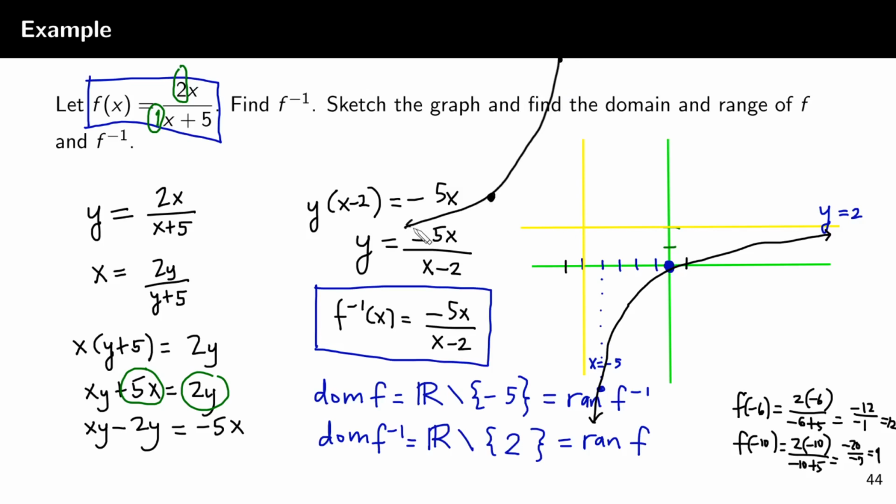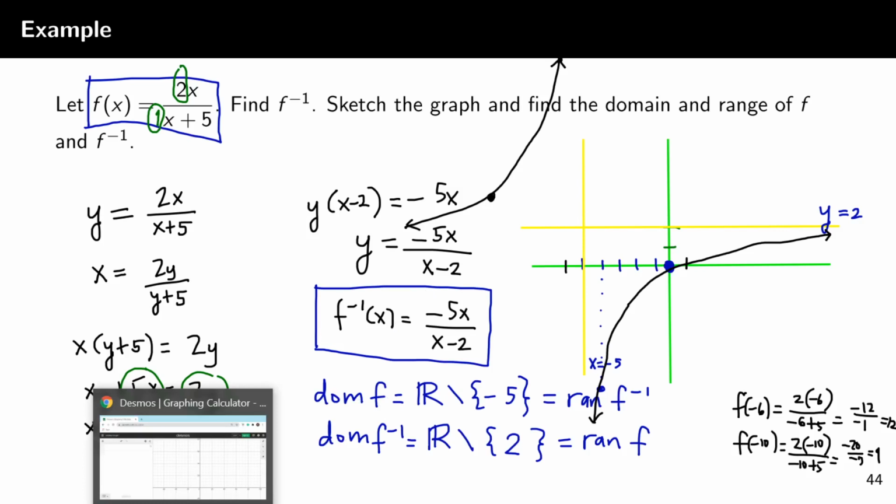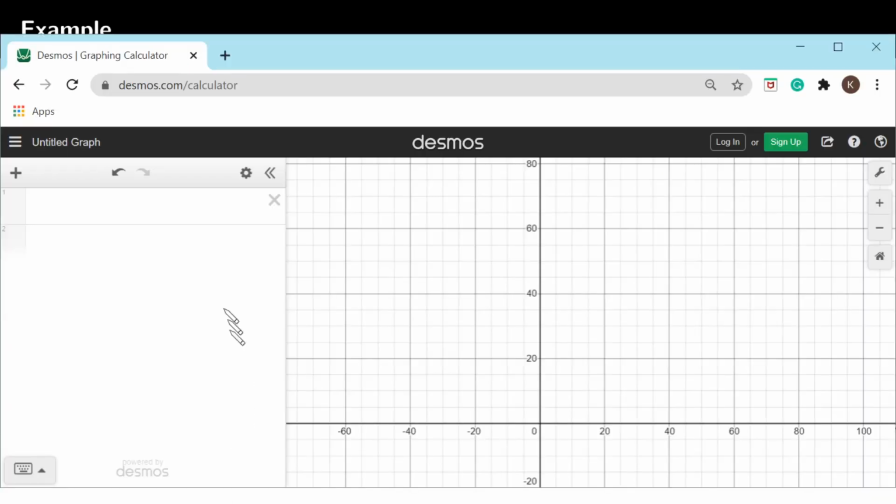And this is now the graph that we get. So, medyo pagpasensyahan nyo na since maliit itong writing area natin. Medyo magulo. But let's verify the graph that we made using Desmos. If you're familiar with Desmos, this is a website where you can sketch the graph of a function.